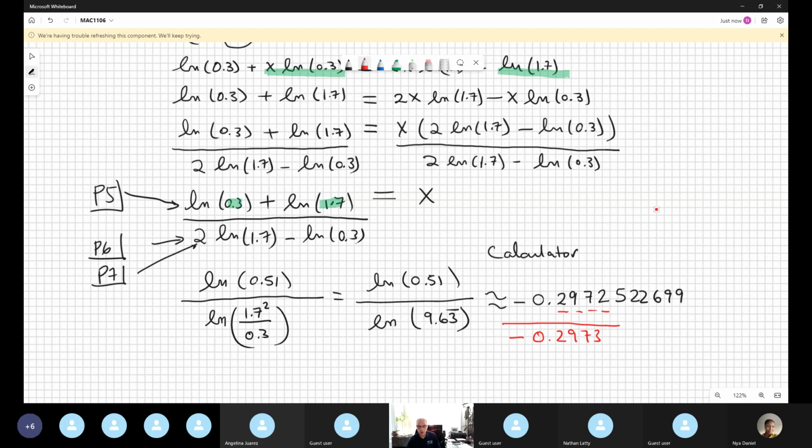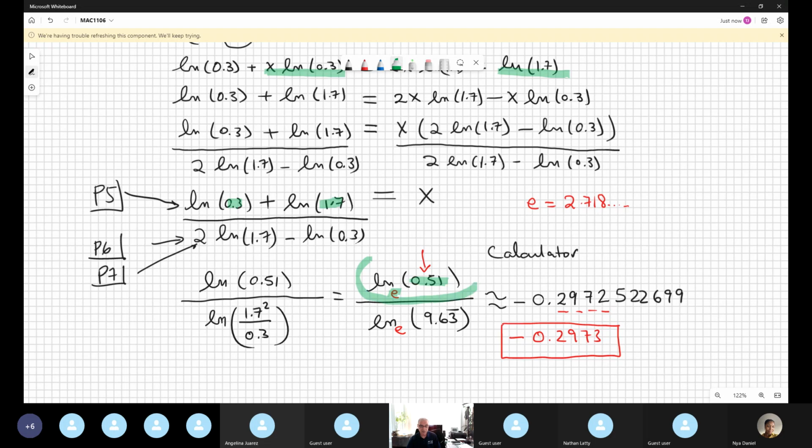Okay, something weird. Why is the answer negative? Remember, the base of this logarithm is e, and e is 2.718 something, an irrational number. This number is less than 1 and the base is greater than 1, so this logarithm is negative.